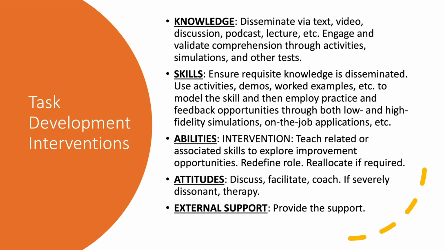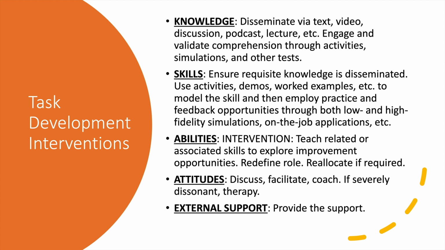For skills, we need to make sure that we use different activities, demonstrations, worked examples to both model the skill and then enable the team member, the participant, to practice and get feedback through different opportunities, both on the job, and you can use both low and high fidelity simulations to do this as well. And of course, this is integrated quite extensively with knowledge. So knowledge and skill have quite a bit of crossover.